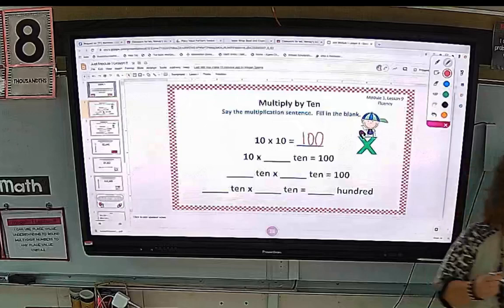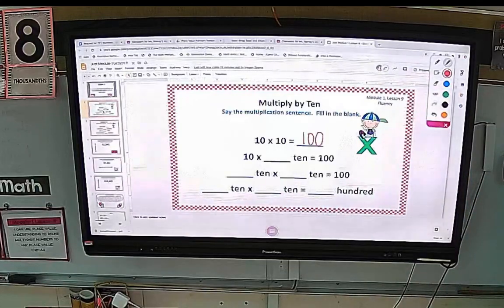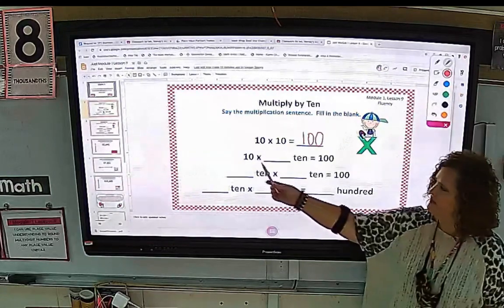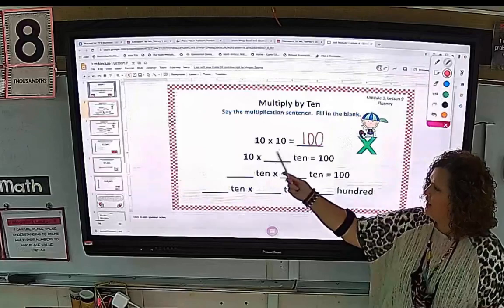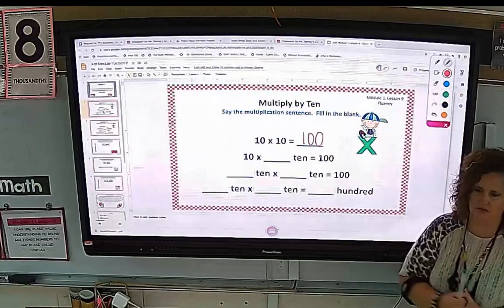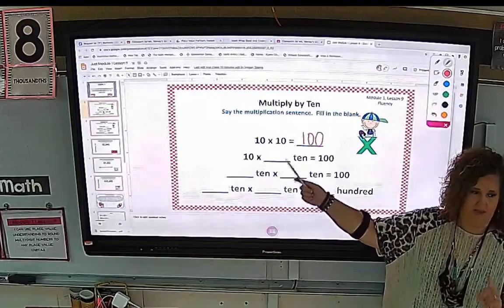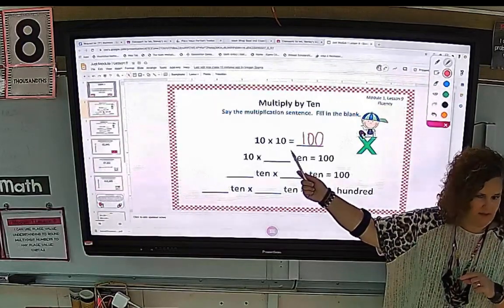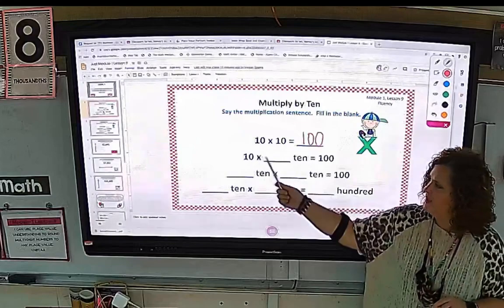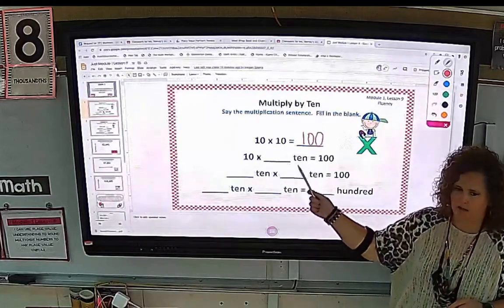Now all they're doing, guys, a lot of the time is switching out the word ten for the number 10. So, Brandon, we've got 10 times how many tens make 100? This is the same as this. 10 times how many tens?